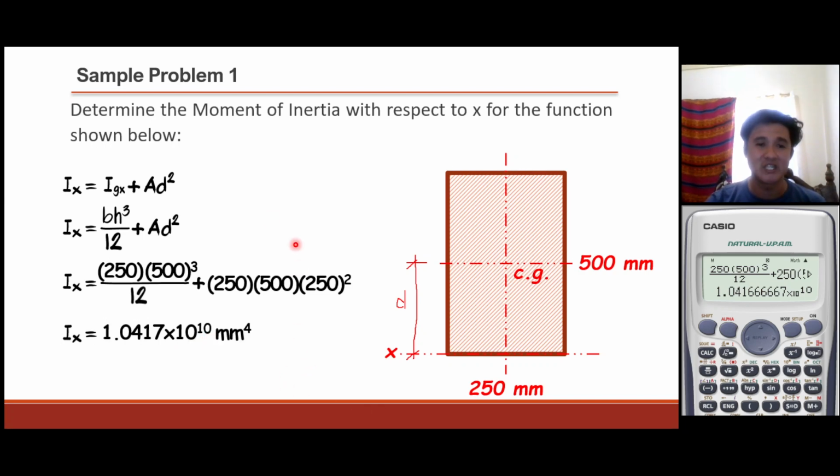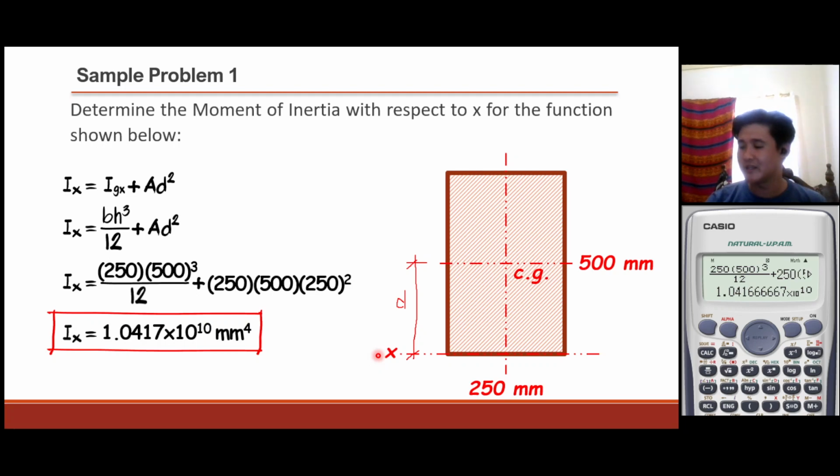Okay? We can notice in our equation that h cubed is millimeter cubed, times b which is millimeter, so millimeter to the 4th. The same goes here: in AD squared, D squared becomes millimeter squared, and our area is in millimeter squared, so we have millimeters to the 4th. So this will now be our answer: the moment of inertia with respect to this x-axis. Okay?